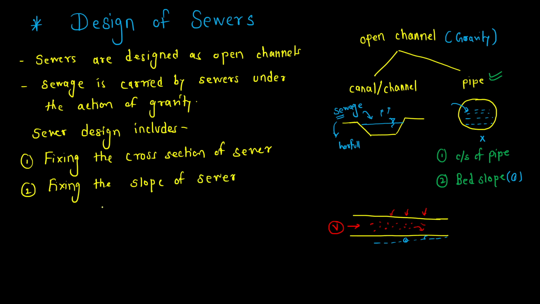We have seen that it is designed as an open channel, so the formulas used in open channel flow are the same formulas we use in the design of sewers.